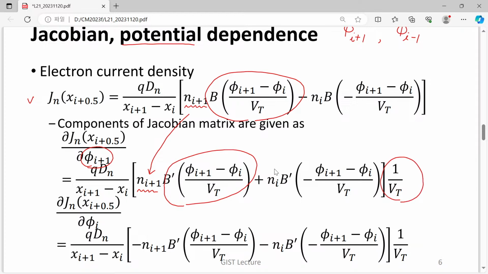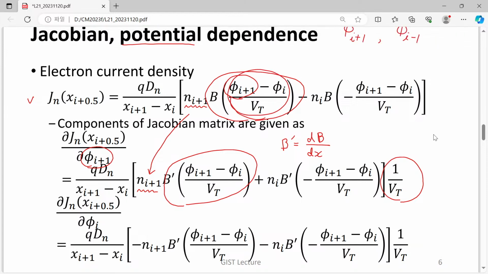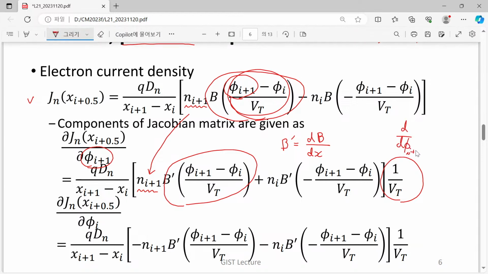So are you with me? It is because this B prime is not the derivative with respect to this quantity, but it is the derivative with respect to this entire quantity, and we must consider once again the d over d phi I plus 1 of Vt phi I plus 1 minus phi I. So that will give us this additional factor 1 over Vt.